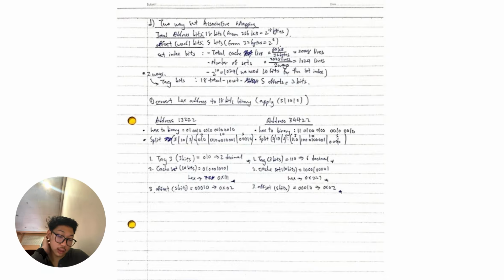The cache set is 111, and the offset is 02. For the second address, the tag, the 3 bits, is 6. The cache set is 227, and for the offset, the last 5 bits is 02.